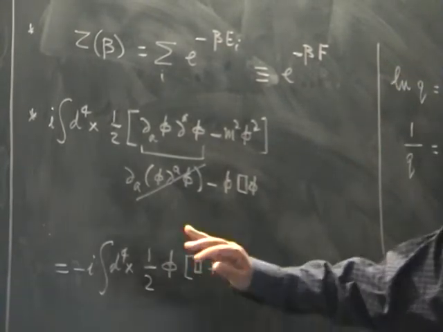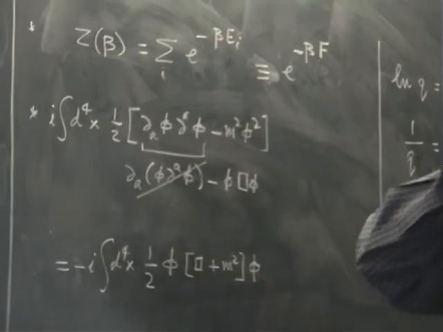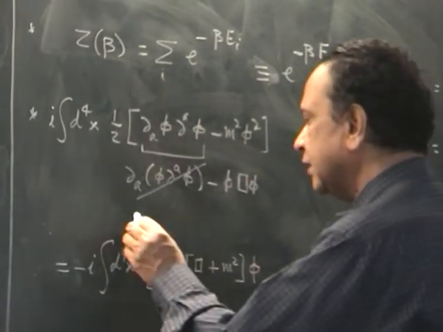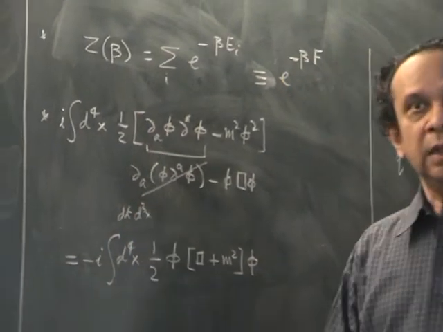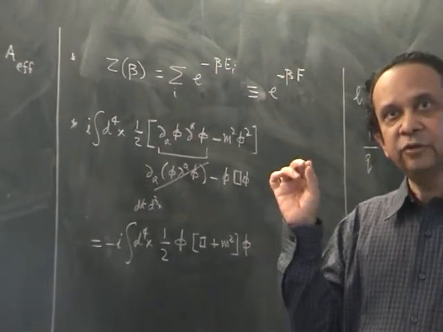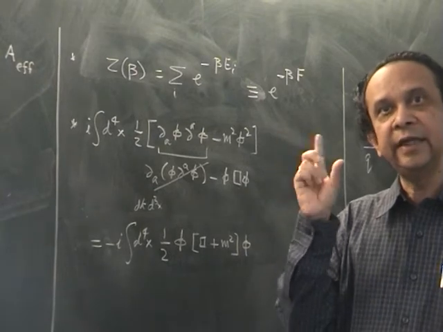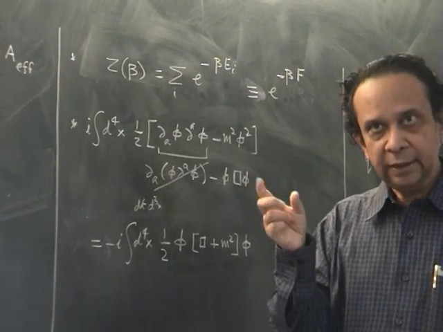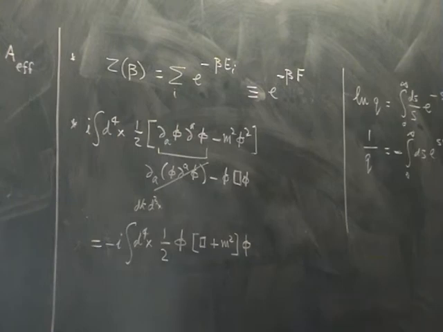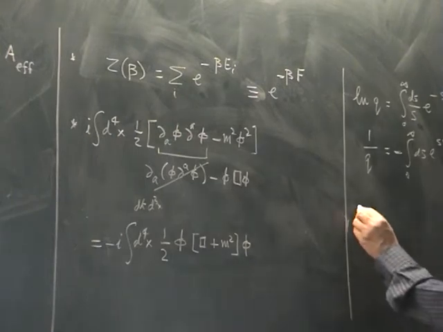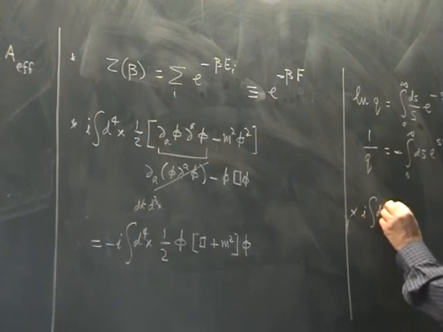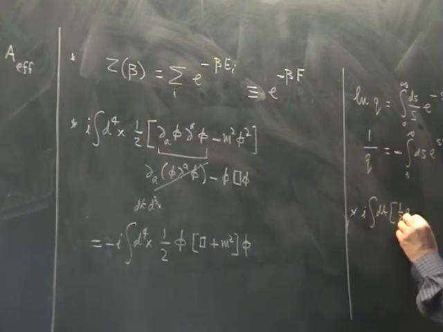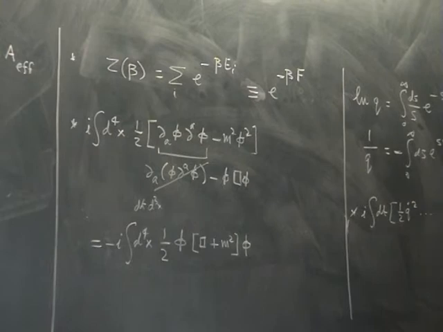Okay, this is what I would have had in real time, and the real time d4x has a dt and a d3x. And when you go to the imaginary time, you change it to t. The rule for that is, if you think of a standard classical mechanics Lagrangian, it is i integral dt, then you have a half q dot squared plus whatever.